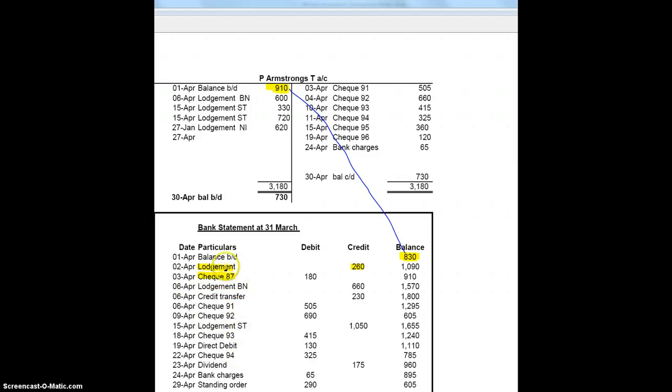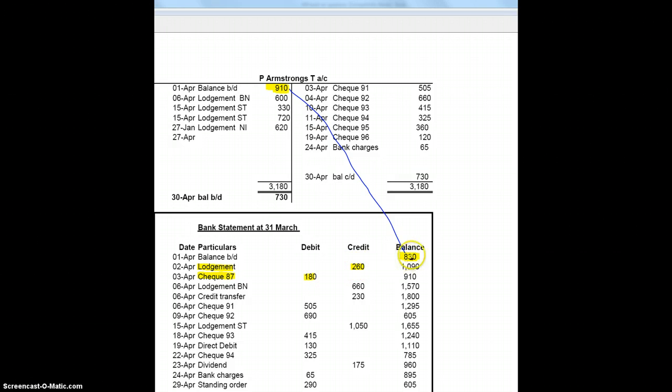So this lodgement relates to a previous period, probably the end of March. P Armstrong made a lodgement on the 31st of March and it wasn't processed by the bank until the start of April. So that 260 and that 180, both of them relate to the previous month.